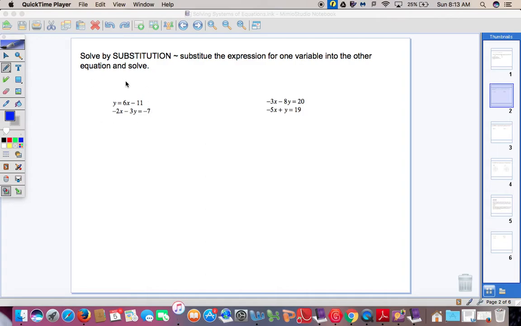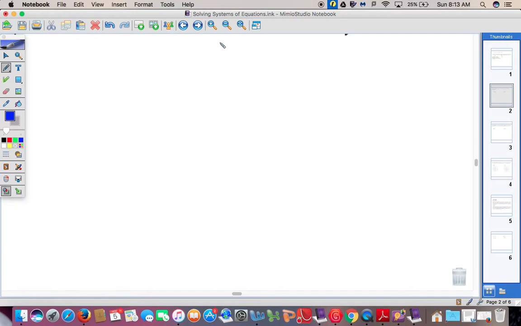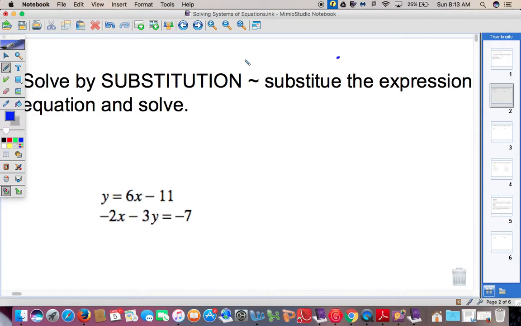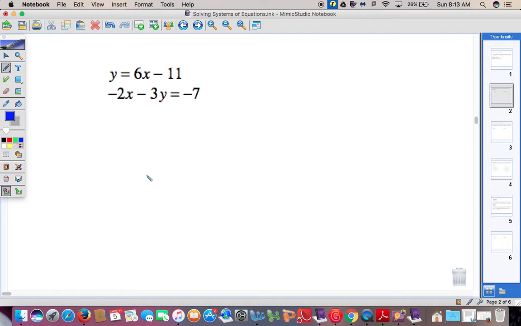If we look at this first system of equations, we have y equals 6x minus 11, and then we've got negative 2x minus 3y equals negative 7. We have one equation given in slope-intercept form, y equals 6x minus 11, and one equation given in standard form, negative 2x minus 3y equals negative 7.